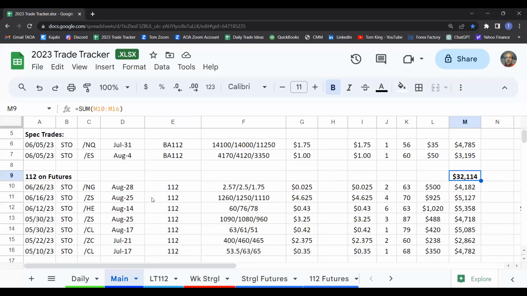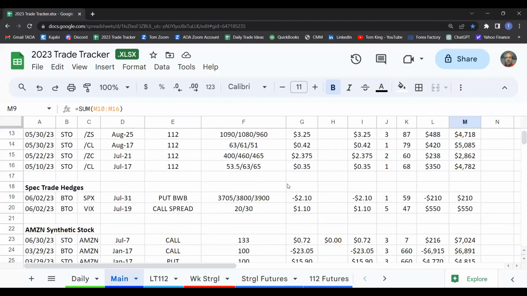So for 112 trades on futures, I've got $32,000 in buying power allocated over these 7 trades here. So is 32 grand within the buying power allotment, or am I over this? Do I have to dial back a bit?